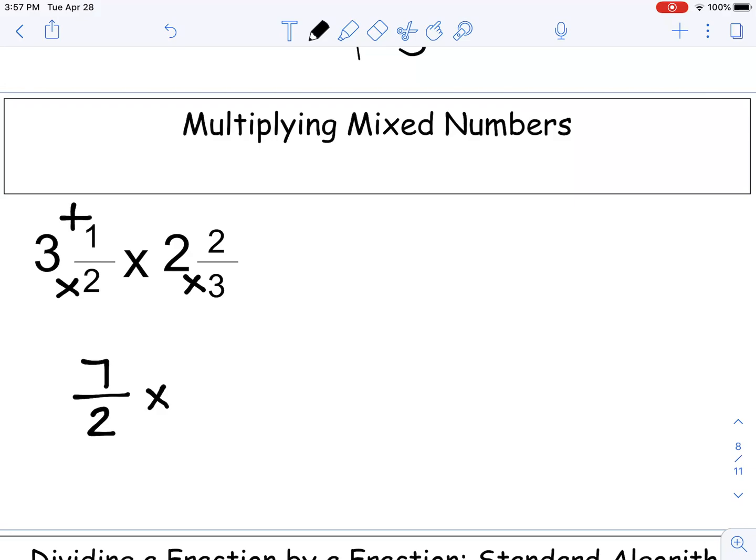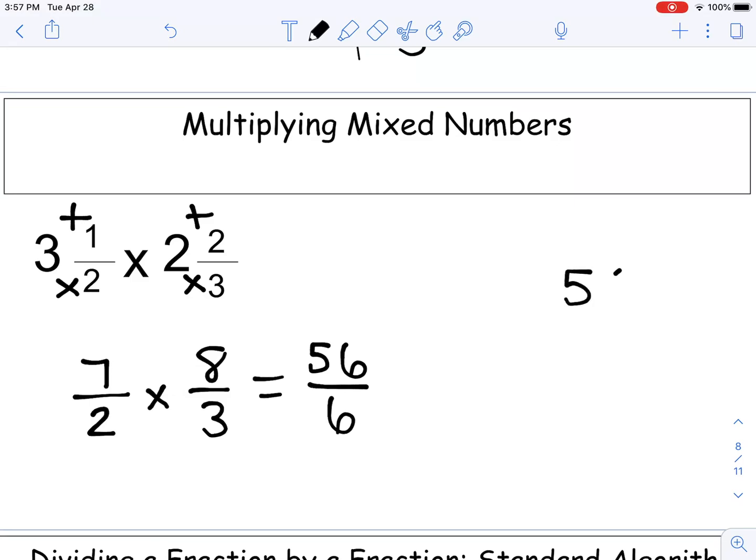We're going to try that again. Remember, denominator times the whole number, plus the numerator. So 3 times 2 is 6, plus 2 is 8. And now, it's just like what we were doing. Top times top, bottom times bottom. 7 times 8, 56. 3 times 2, 6.